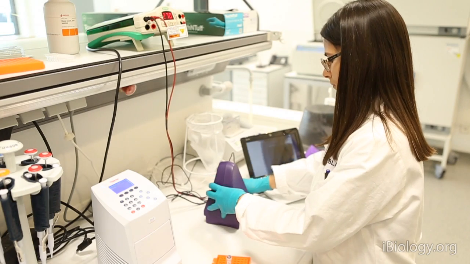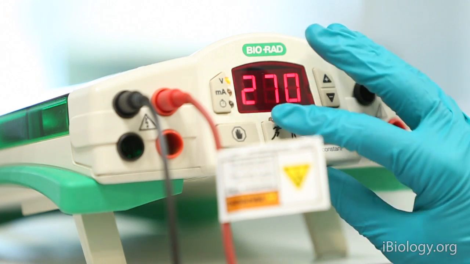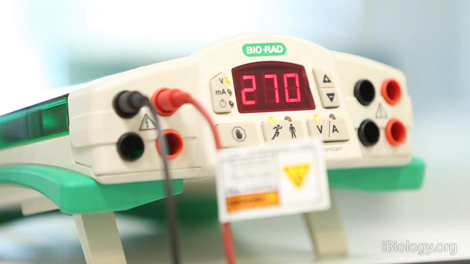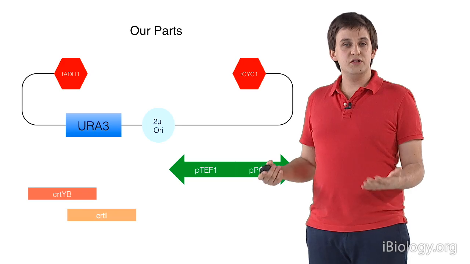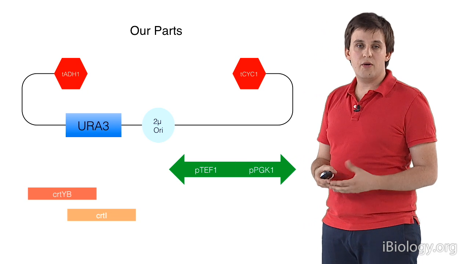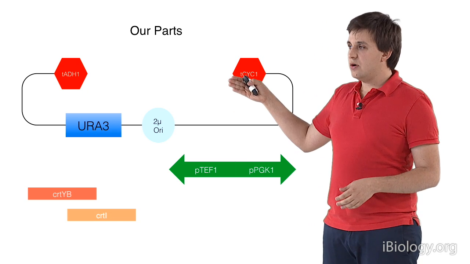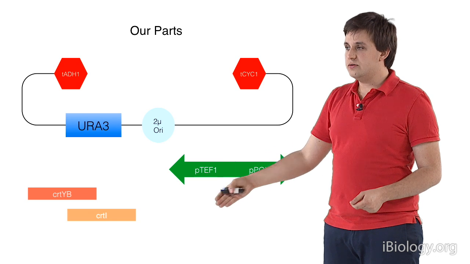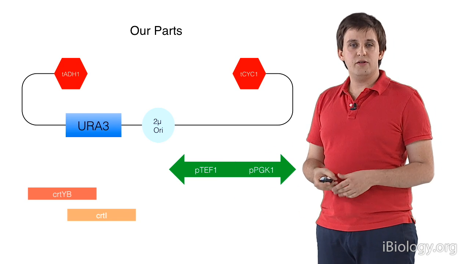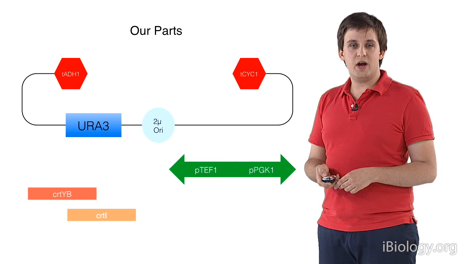Besides amplifying these 2 genes, we also have to amplify the backbone of the plasmid and its promoter region. We then run the fragments in the gel to check if they have the correct sizes and later on purify them. So now we have amplified all our parts that we need. The backbone with the terminators, the promoter system, and our 2 genes. Basically, we are ready to bring them together and transform them to our cell.